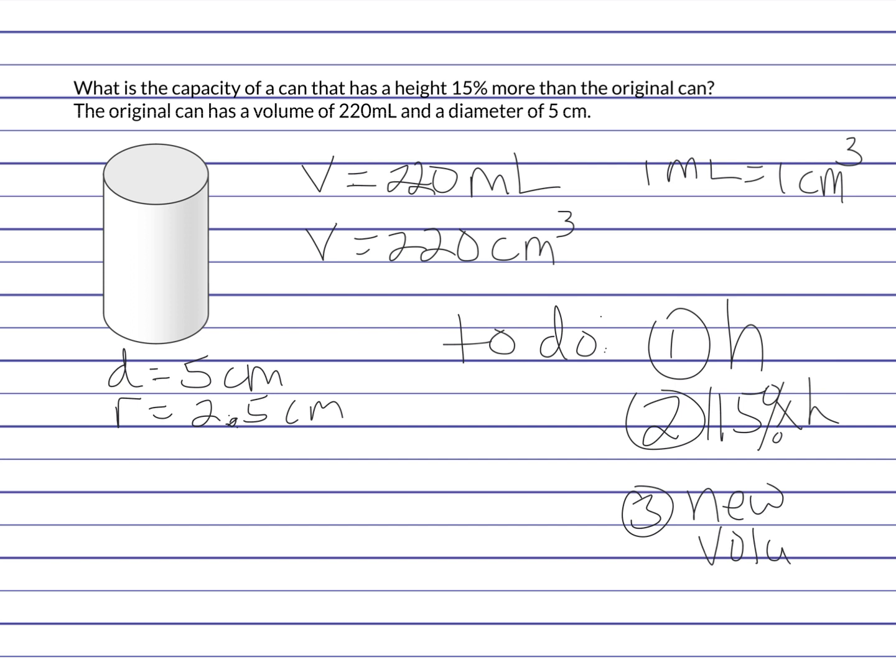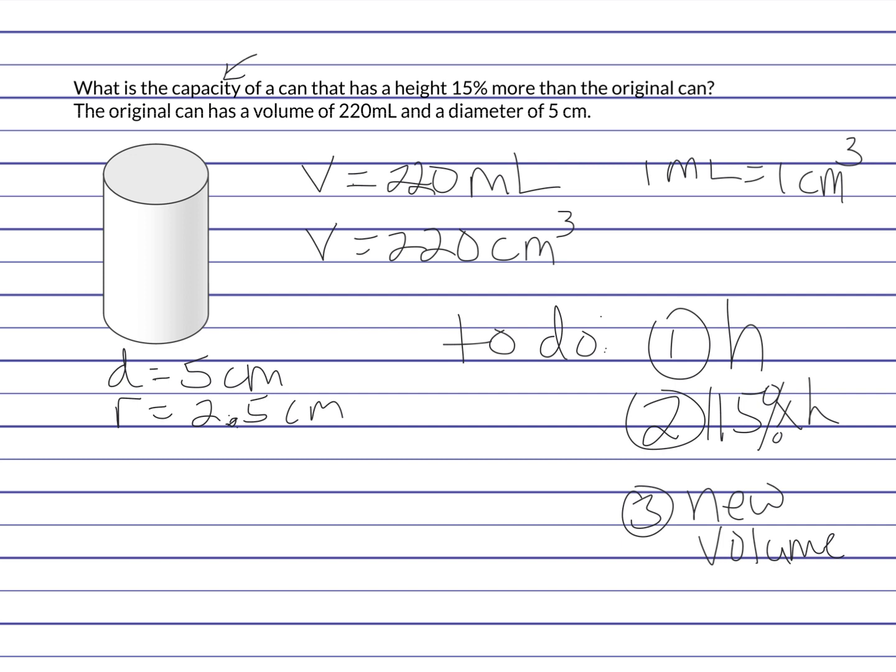The new volume is from that word that says capacity. Capacity is volume. So if we find the height of the original can, and then we increase it by 15%, then we'll use that new height to find the new volume.